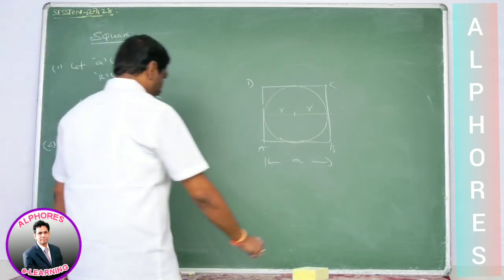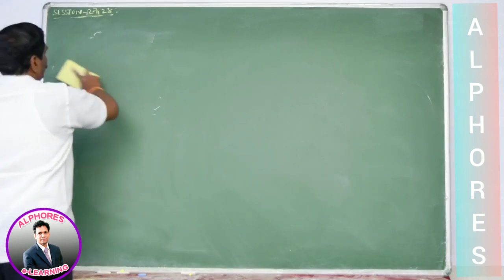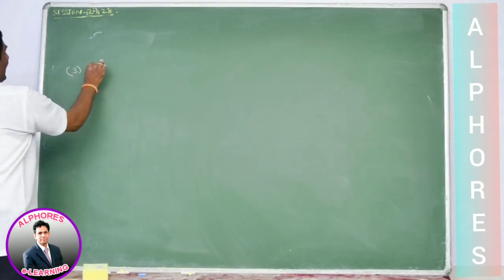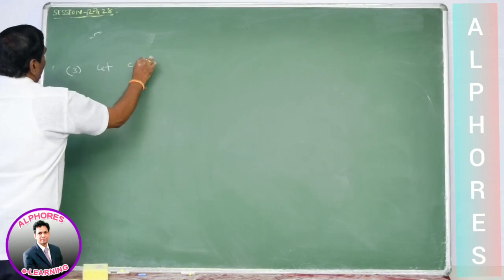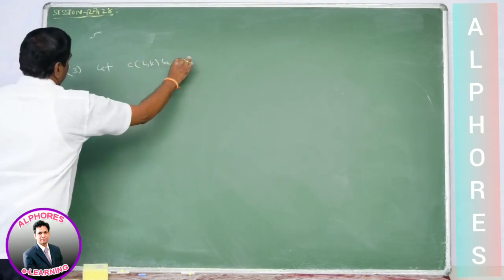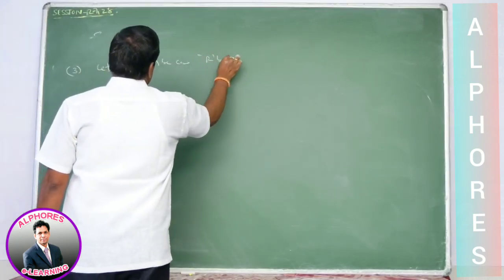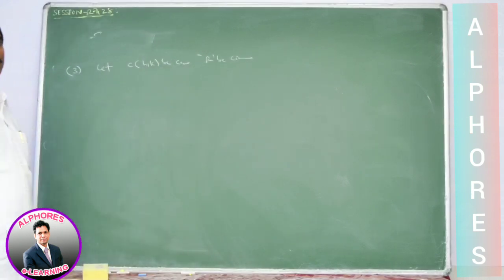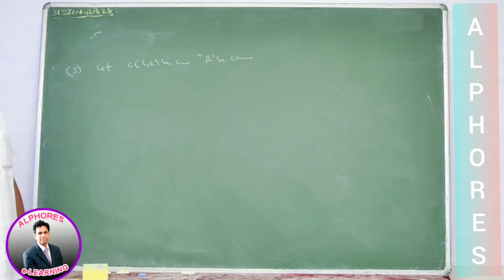Okay. Next, third point. It is a very, very important point. Let C(h, k) be the center and R be the circumradius of a square whose sides are parallel to the coordinate axes.